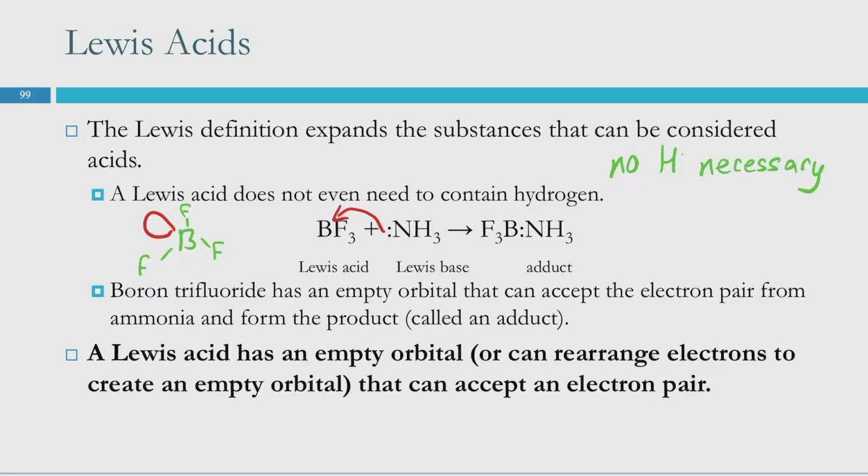The definition, or where that came from online, was Latin, I think, adductus, like to bring in, draw in, or a portmanteau, combining the two words, addition and product. So just smushing them together. And this is called, what is it, a dative bond, which you don't need to know, but I believe that's what that's called.